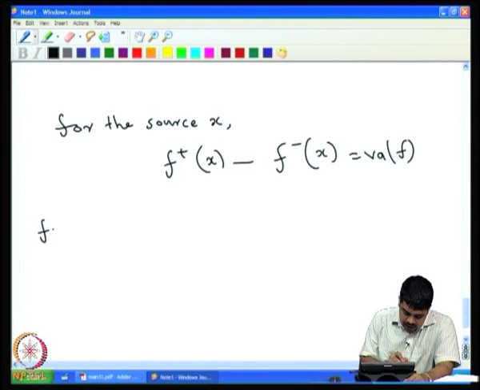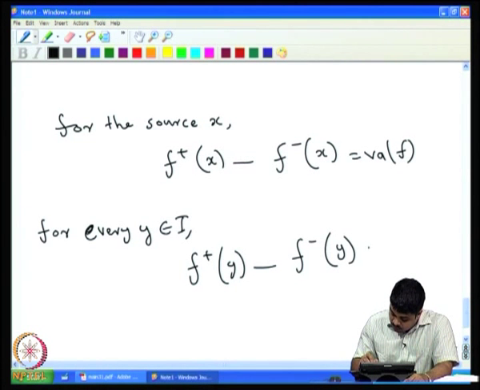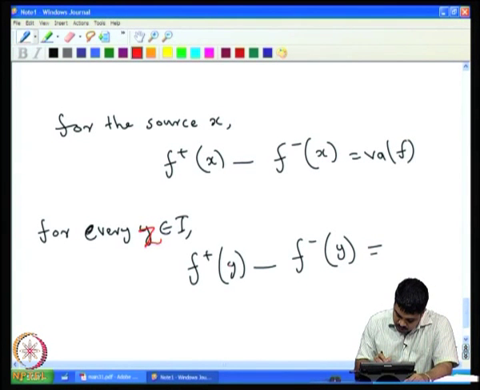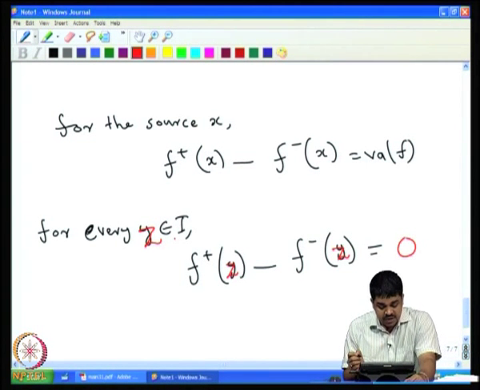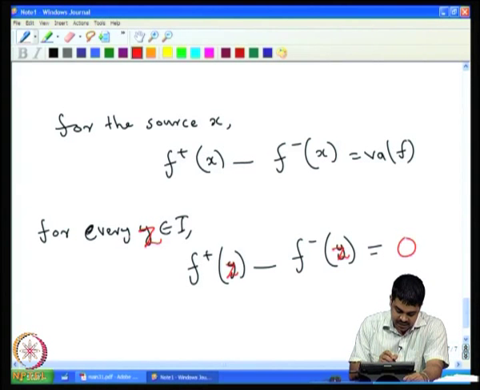And for every z element of I, we have f plus of z minus f minus of z equal to 0. Why? Because this is an intermediate node, and by definition of the flow, this conservation constraint should be met. And we do not have the sink in this collection x.